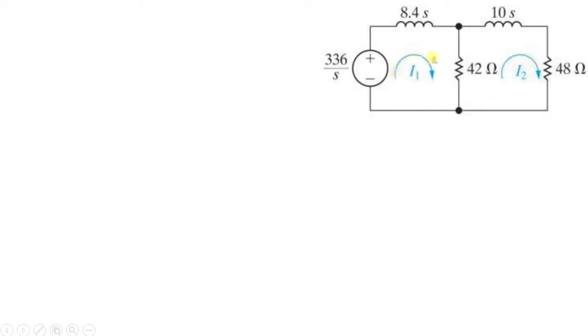Now apply the simple KVL equation around the loop. Therefore it is minus 336 divided by s plus 8.4s into I1 plus 42 into (I1 minus I2). Rearranging these equations, it should be like this, or otherwise use the inspection method and write the equation: minus 336 divided by s plus (8.4s plus 42) into I1 minus 42 I2.